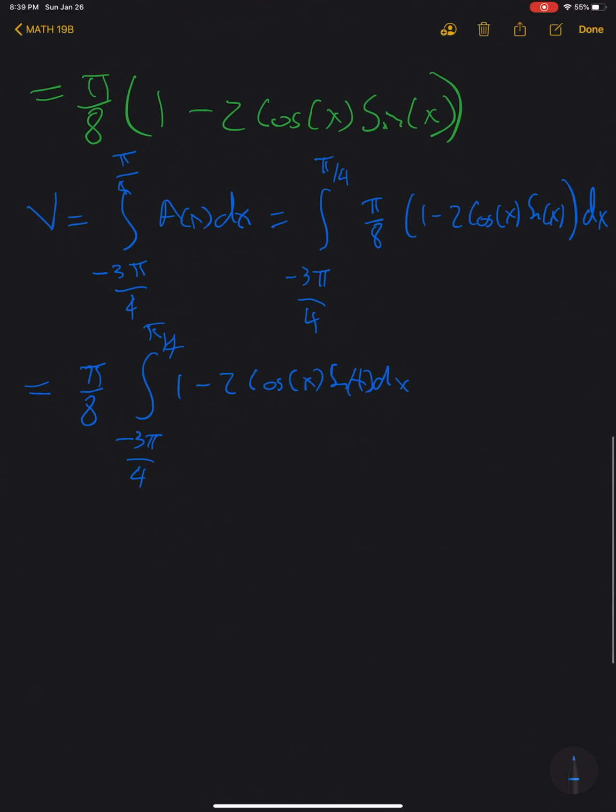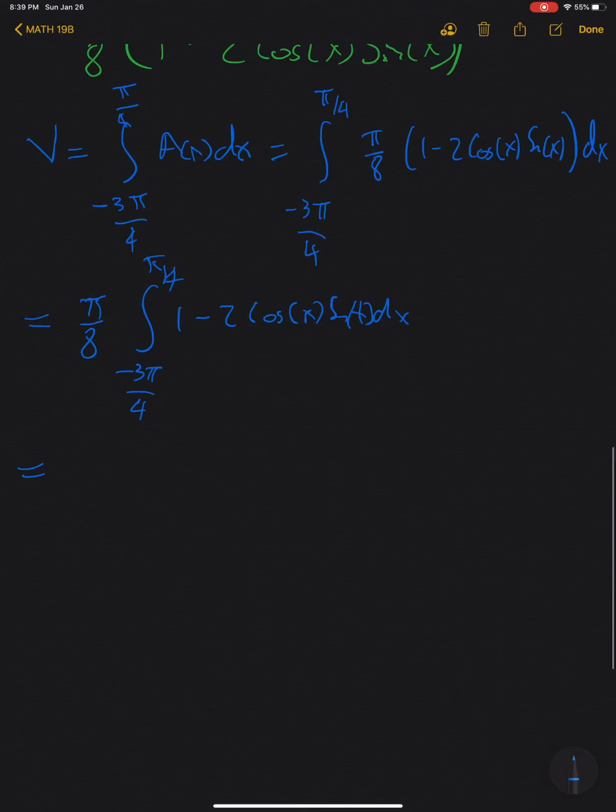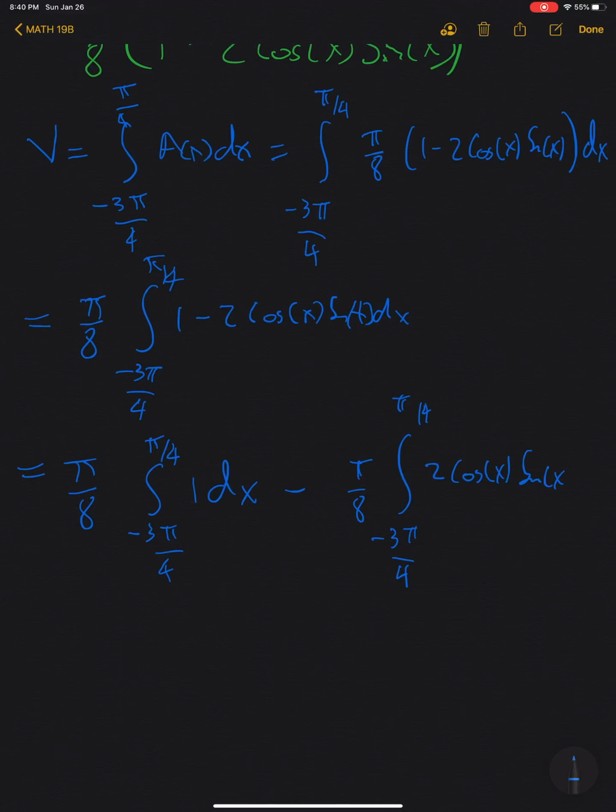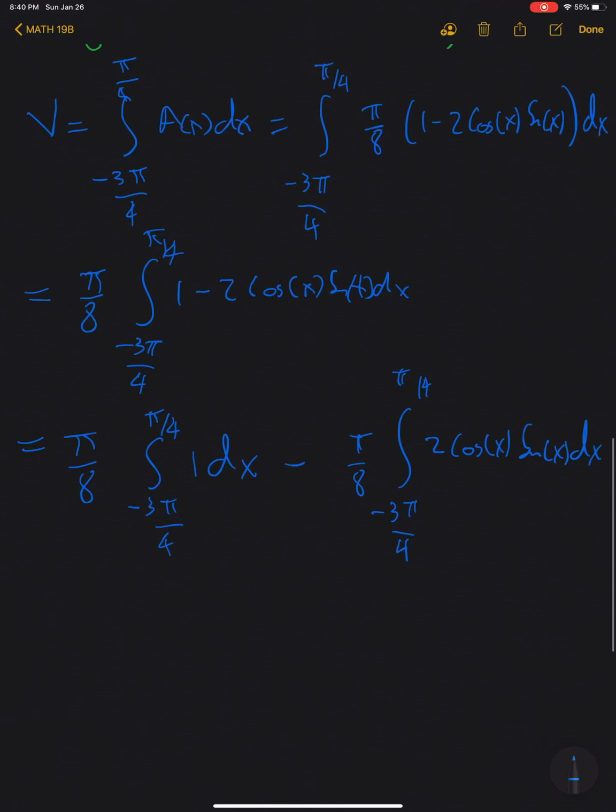Now I can split that integral into two integrals. So I'll get pi over 8 integral from negative 3 pi over 4 to pi over 4 of 1 dx, minus pi over 8 integral from negative 3 pi over 4 to pi over 4 of 2 cosine x sine x dx.